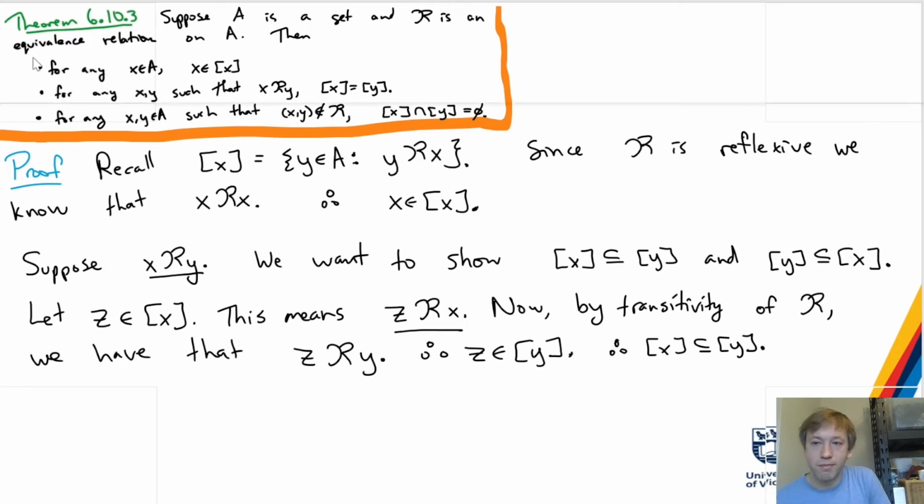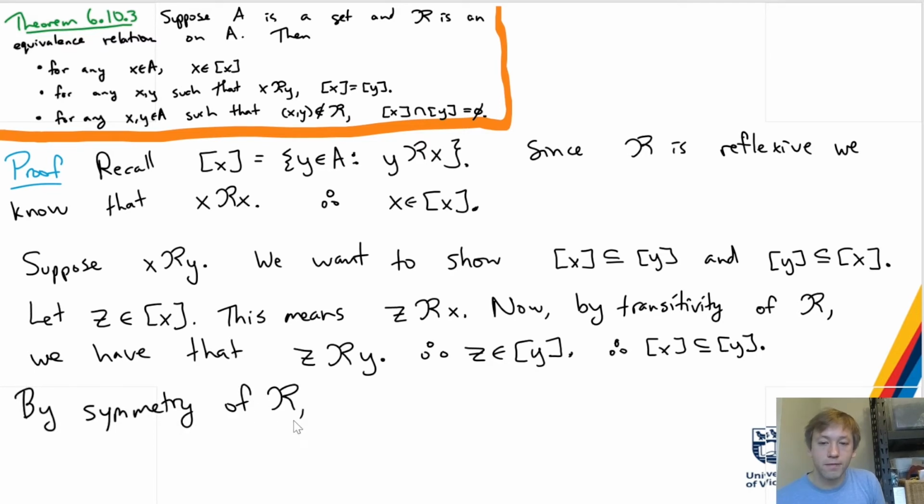For the other direction, we can do the same proof, except what I want to do is use the symmetry property once to change x related to y into y related to x. So by the symmetry property of R, we have that y is related to x. Now, I'm going to skip a step here.